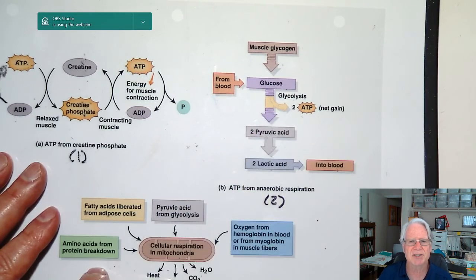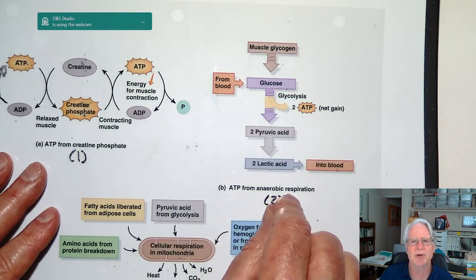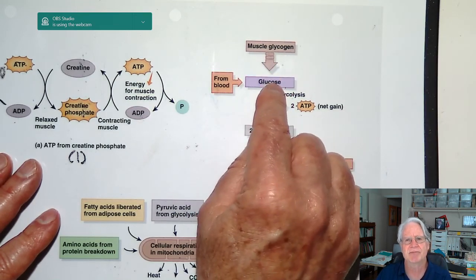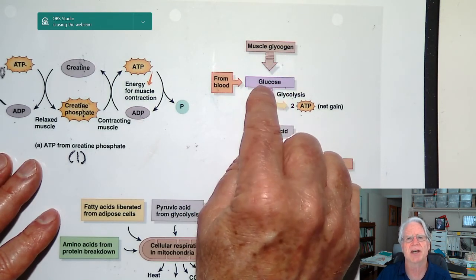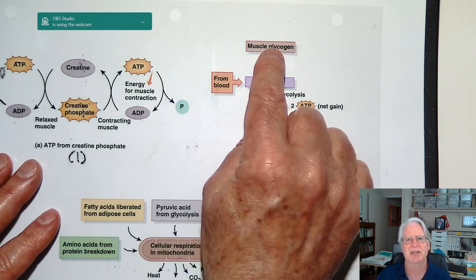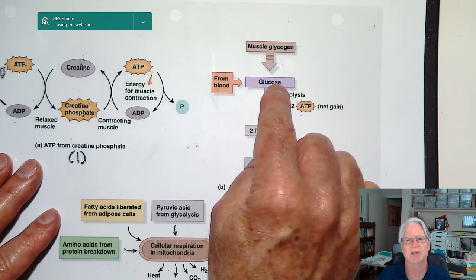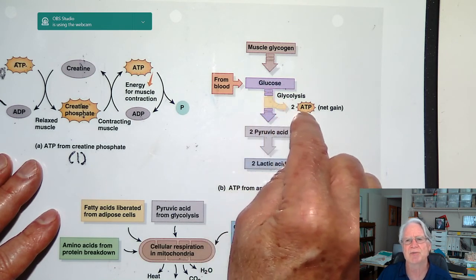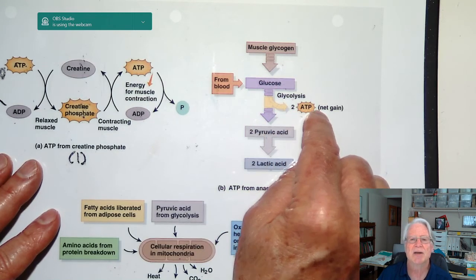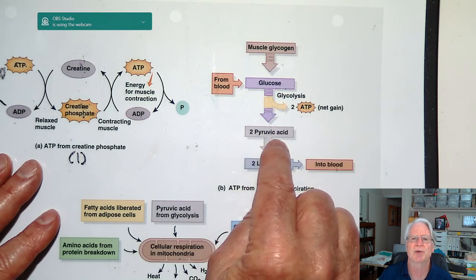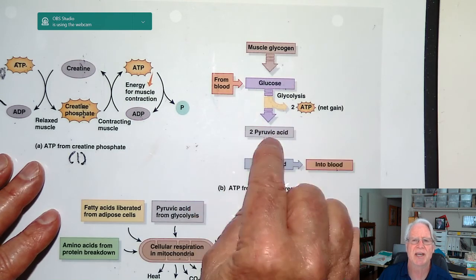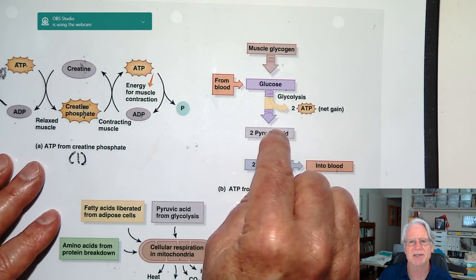Okay. The second system is the anaerobic respiration. And here we're taking glycogen, breaking it down into glucose. We have two sources, as I said, glycogen and from the blood. We need glucose. We're going to go through a process called glycolysis. We're generating 2 molecules of ATP. We're going to produce 2 molecules of pyruvic acid. We can continue to do this as long as we empty those buckets.